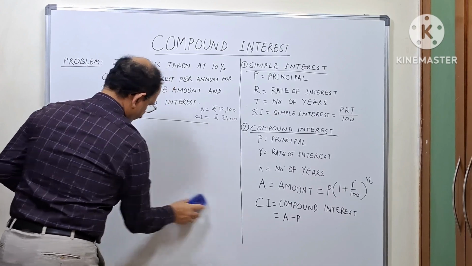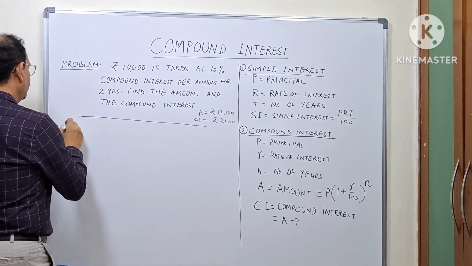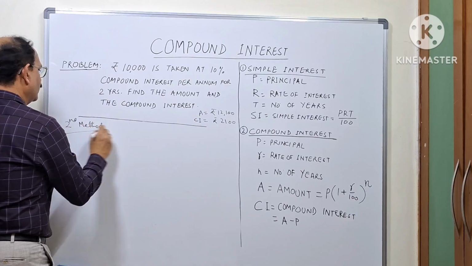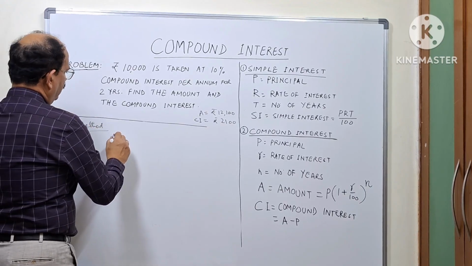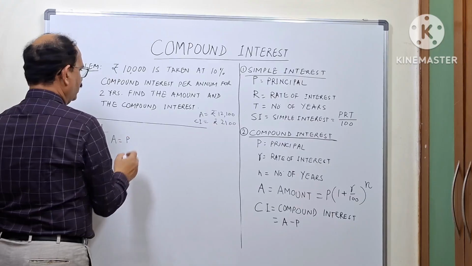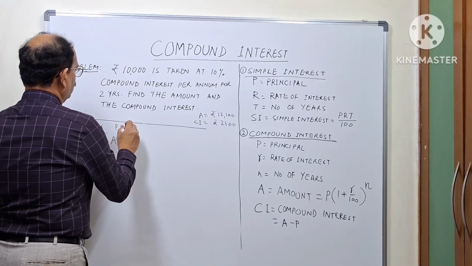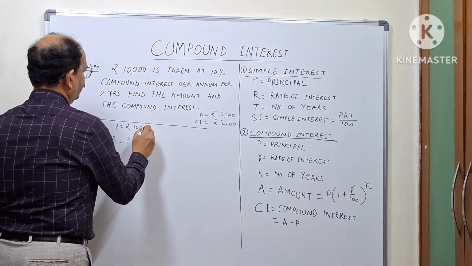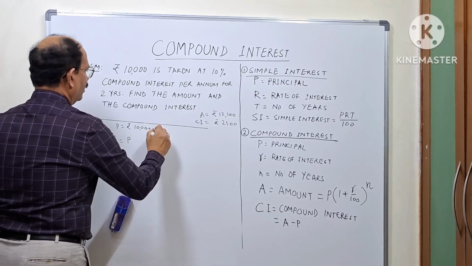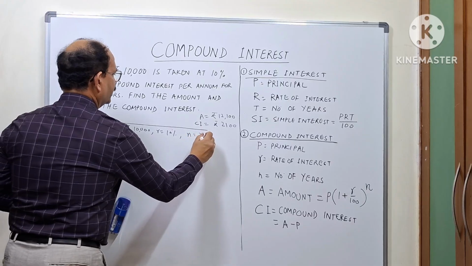So that is the second method. So amount at the end of second year should be equal to the original principal, right? Original principal was rupees 10,000. Rate of interest was 10%, and the number of years 2 years, right?